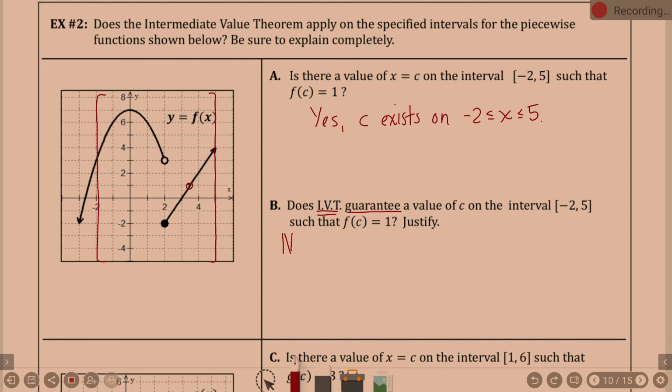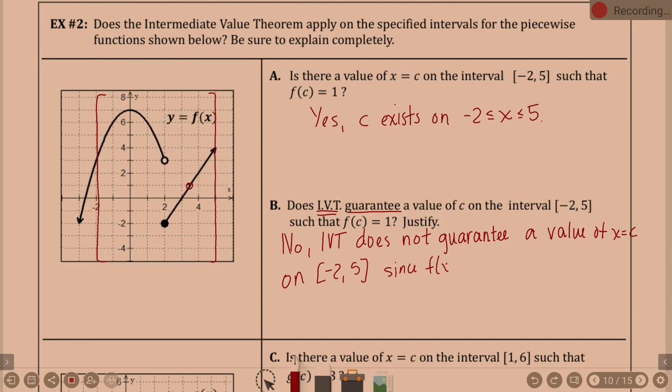So I'm going to say no, IVT does not guarantee a value of x equals C on the interval -2 to 5 since f of x is not continuous on the interval.